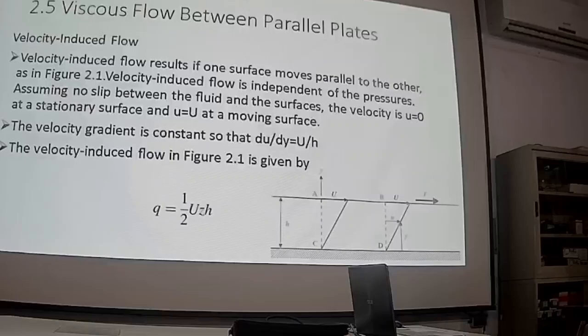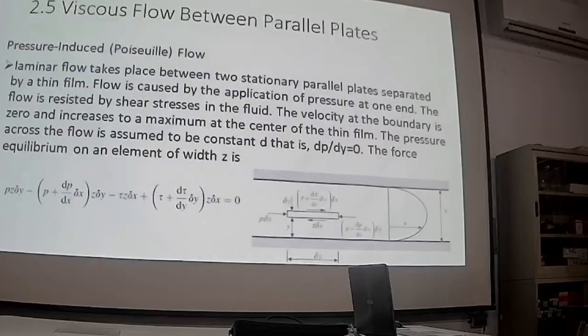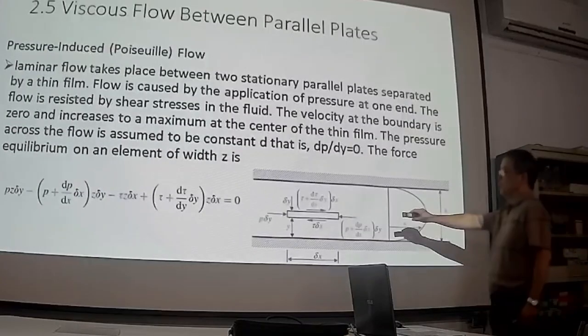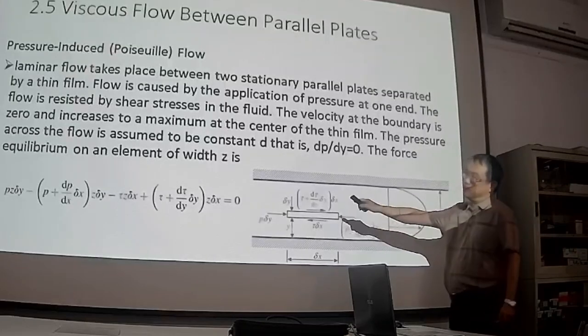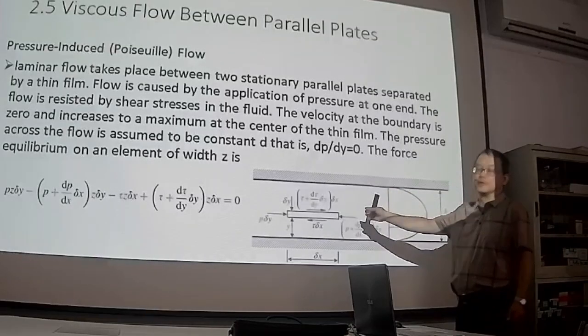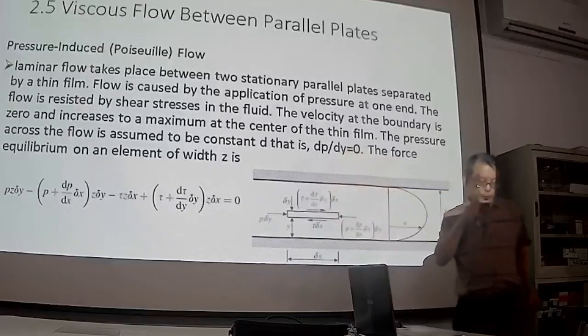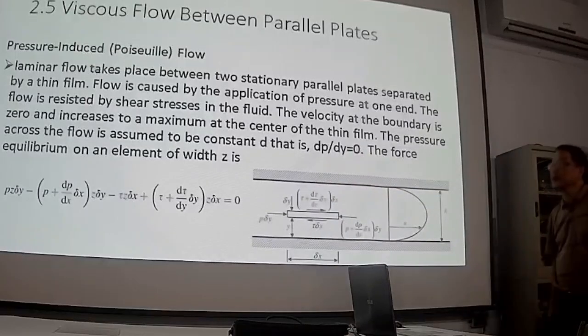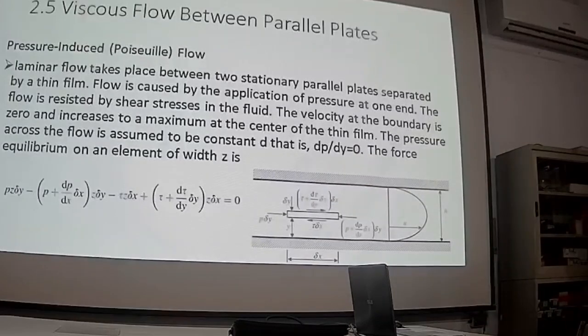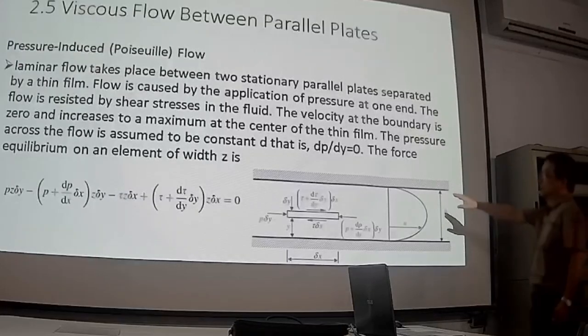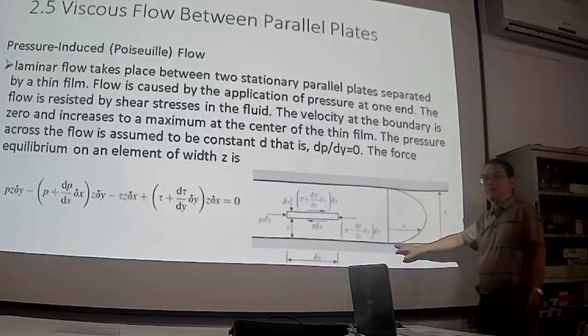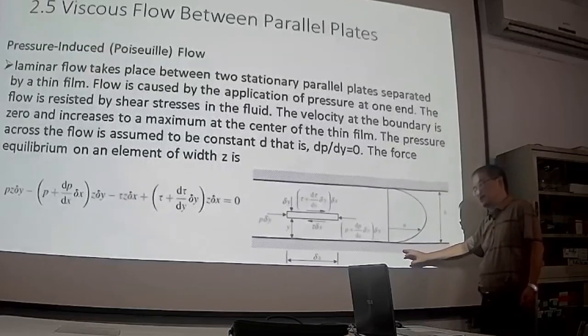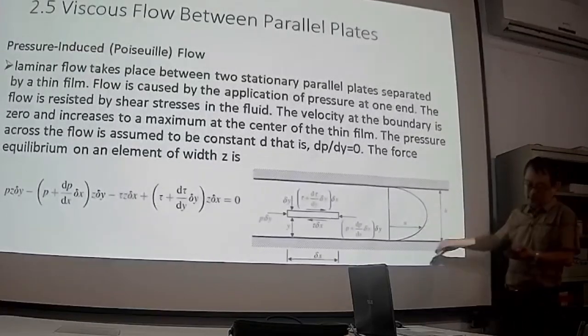So in this case, the first case, the movement of the lubricant is by pressure difference, because we pump lubricant into the surface. So it's a flow movement induced by the pressure. Okay? So we assume these two plates are fixed. It's not moving.